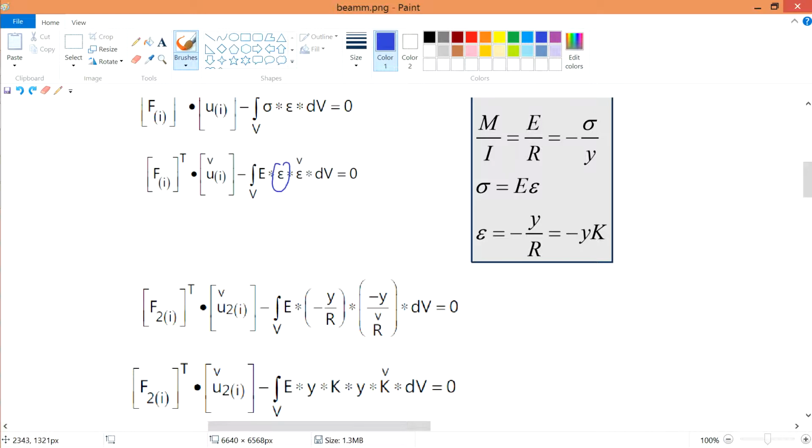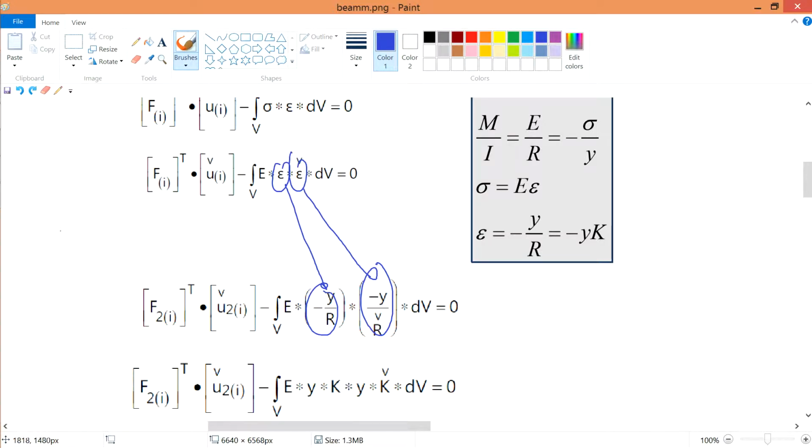Let's continue. This thing is over here, while this thing is placed over here, and the rest are the same. You can just double check. Maybe I should say it's not the same: we'll say the force is F2. Now instead of force and U, we write in terms of F2 and U2. Why?